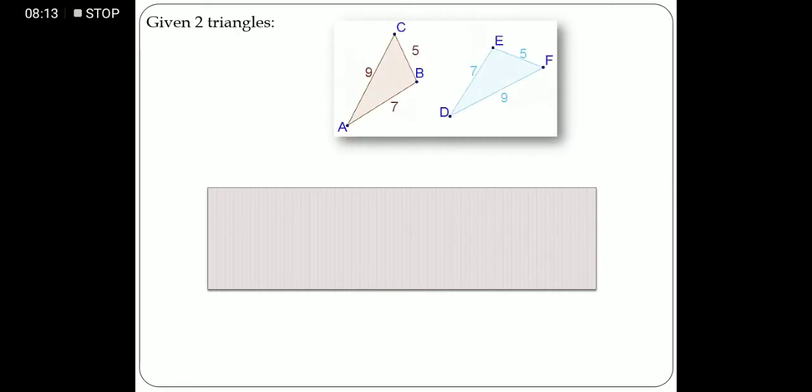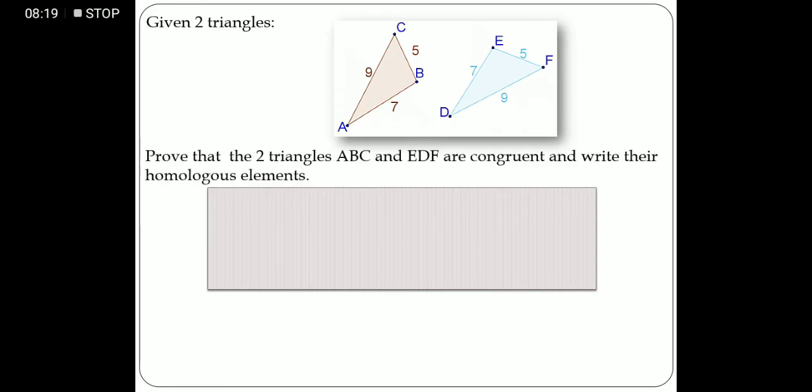Let's have an example. Given two triangles, ABC and DEF, we have CB equals 5 and EF equals 5, then I can say that CB equals EF.